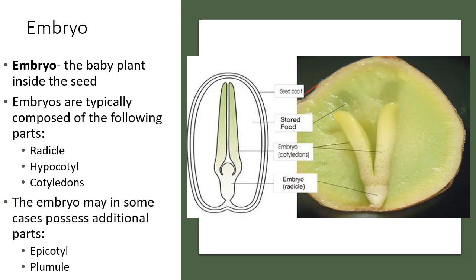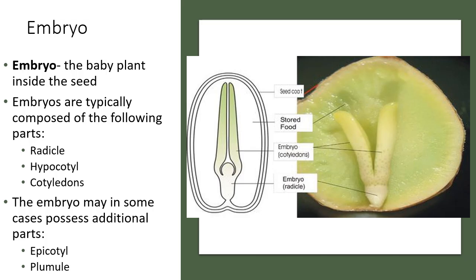The bottom nub, where it says radicle, that is the embryonic root. Then the cotyledons, those are the first leaves, those are the embryonic leaves. And then the little round bud between the two cotyledons, that's the apical meristem, which is basically the growing point or the bud from which a stem will grow.